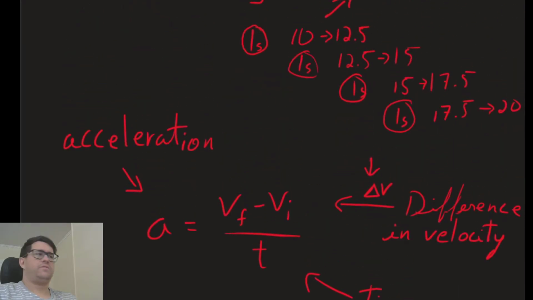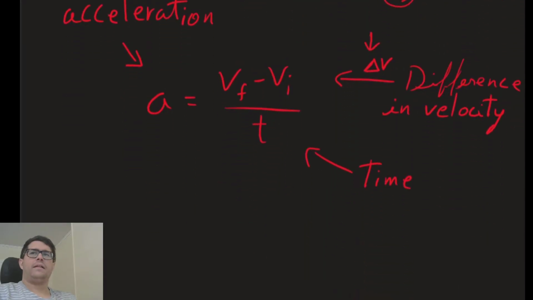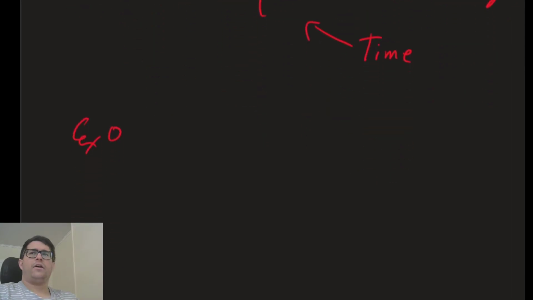Okay, so this is going to be the new formula. Let's use it with example 0. Example 0 is the simplest example I can think of. Imagine that the initial velocity is what we call at rest, 0 meter per second. So the person literally doesn't move.